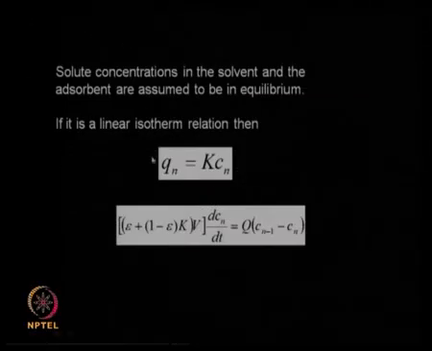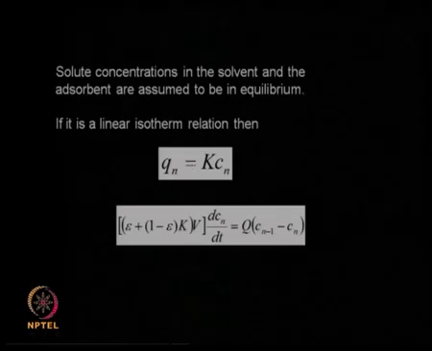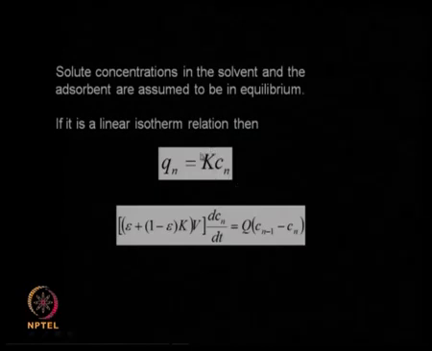Now how do you relate Cn and Qn? We talked a long time back, there could be a linear adsorption type of relationship between Cn and Qn. So Qn, the concentration of the solute that is adsorbed, and Cn, the concentration of the solute in the mobile phase, if they are in equilibrium, are related as a linear isotherm.